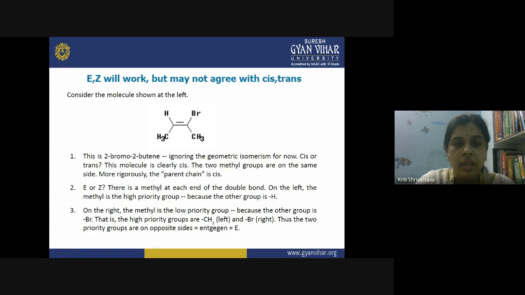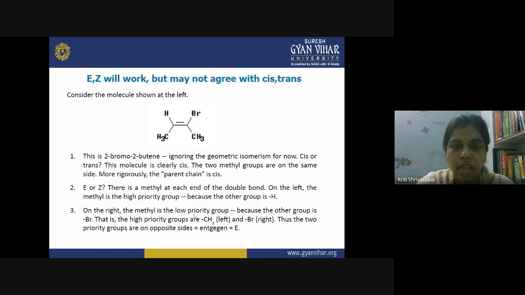But in the EZ system, how will you name it? If you assign the priority to this molecule, first priority will be given to bromine, second to the methyl, third to the methyl, and fourth to the hydrogen. Now, because the bromine, which has the highest priority, and hydrogen, having the least priority, are on the same side, you call it what? This will be anti, that is E isomer.